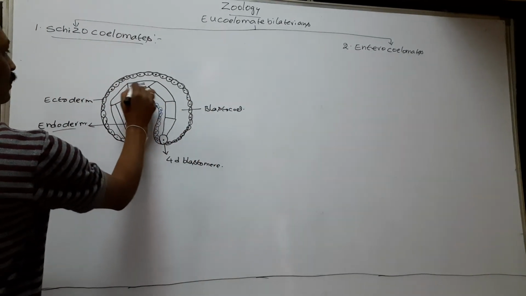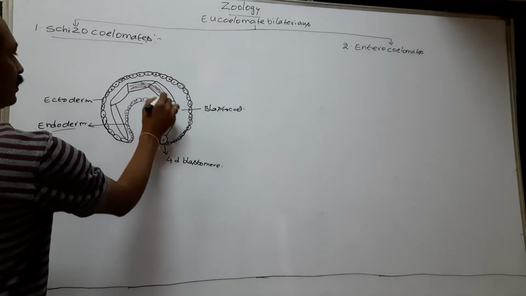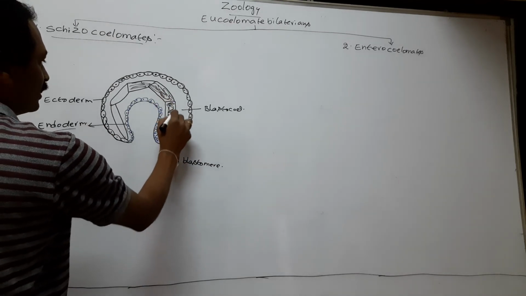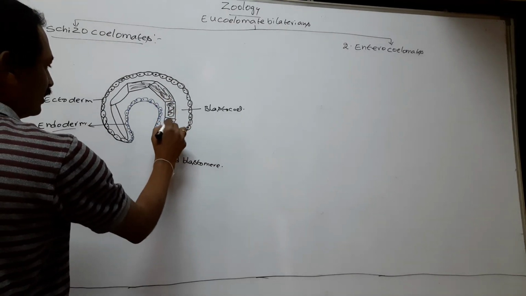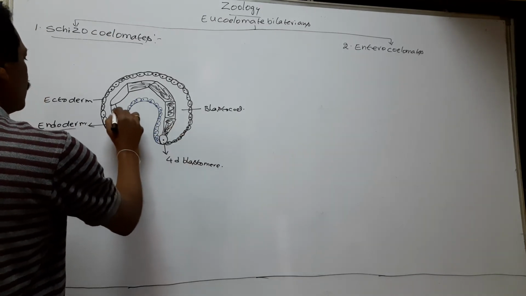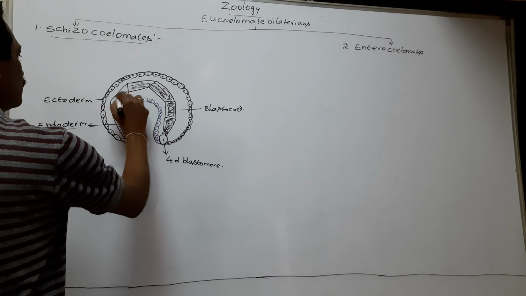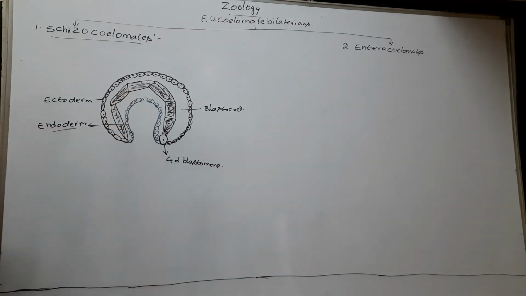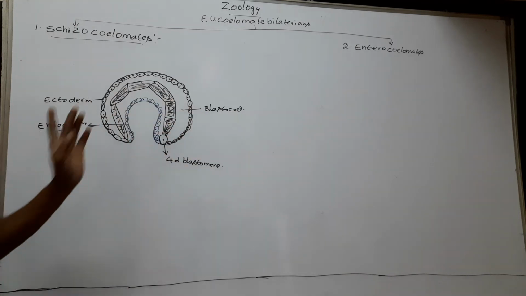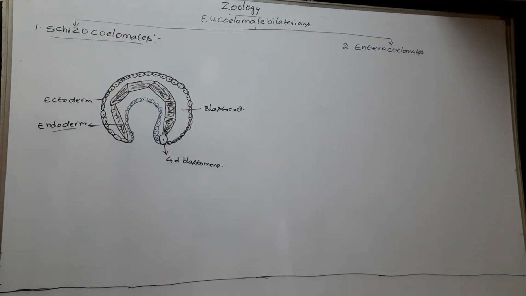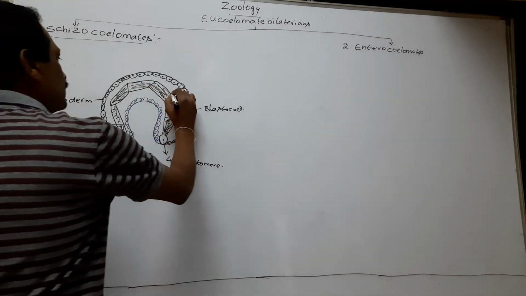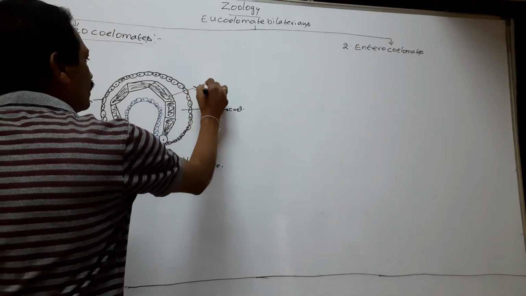So the 4D blastomere divides and produces mesodermal blocks between ectoderm and endoderm in the blastocele.